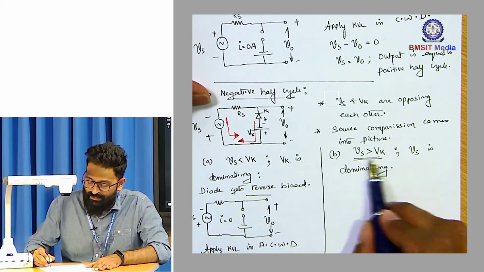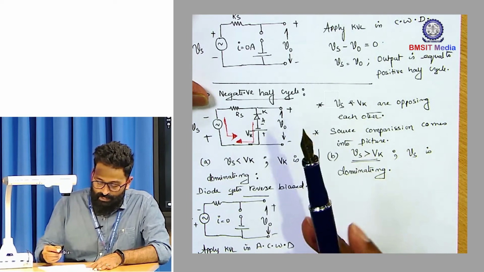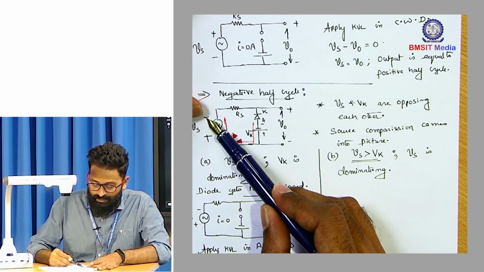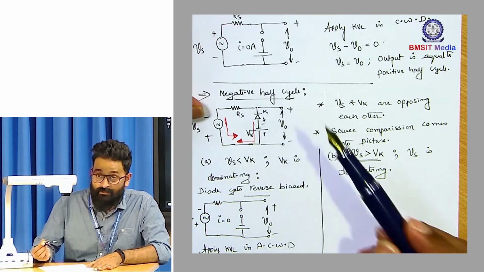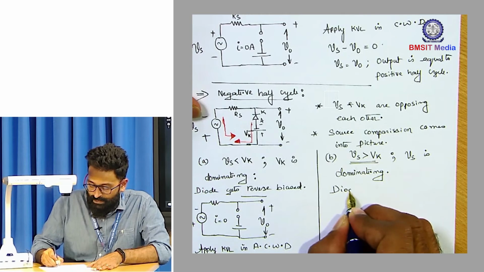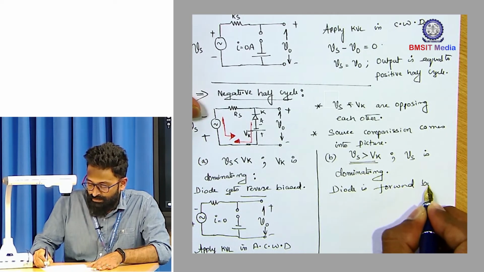Now let's see what happens when Vs is dominating. As I was mentioning, the negative terminal of Vs is connected to the cathode terminal of the diode. So the diode is forward biased.